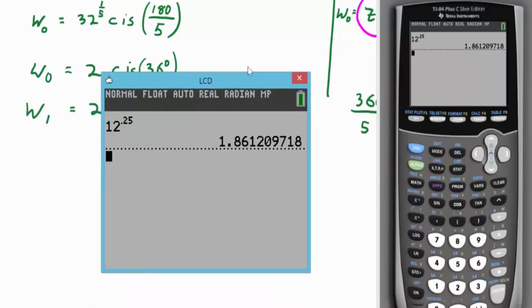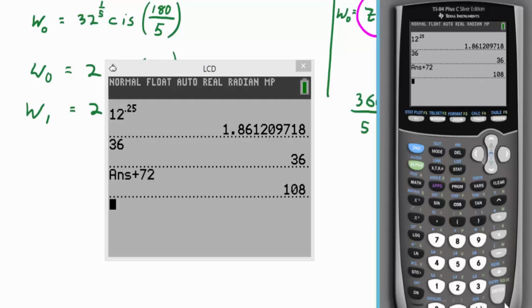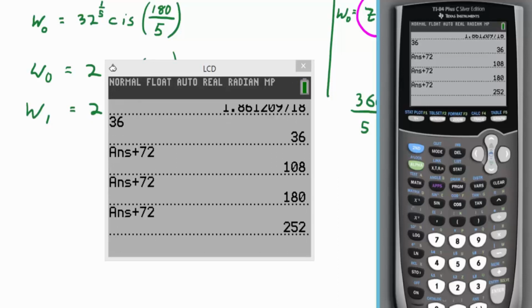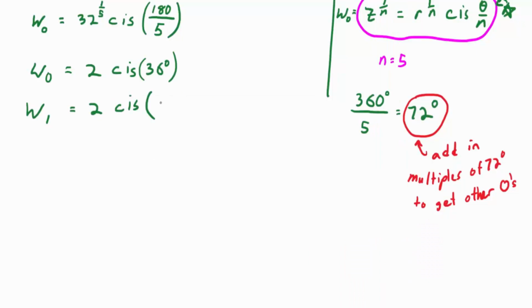We're starting at 36. In your calculator, enter 36 and then plus 72. And there's the 108. Then just keep hitting enter and it'll keep adding 72 and get you the other ones. Not that we needed it for this one. How did I go from this angle to this angle? I added 72 degrees.